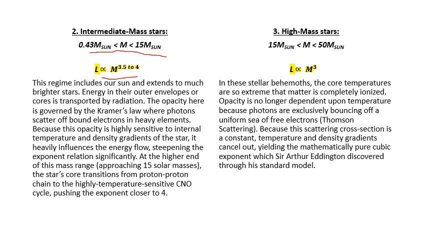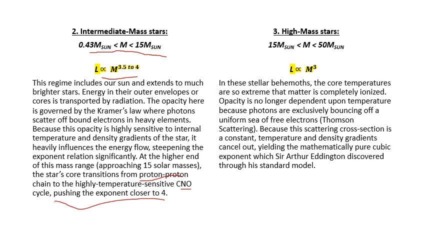At the higher end of this range, where the mass approaches 15 solar masses, the slow PP chain reaction goes to the higher temperature sensitive carbon-nitrogen-oxygen chain reaction. So it pushes the exponent closer to 4.